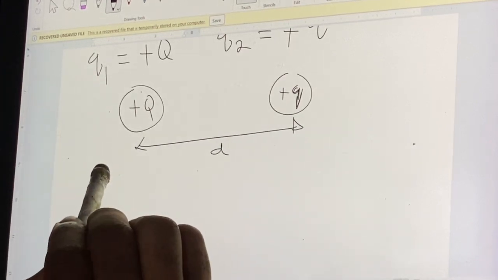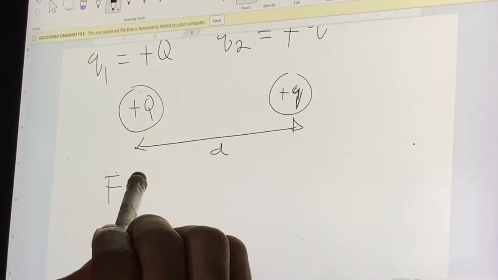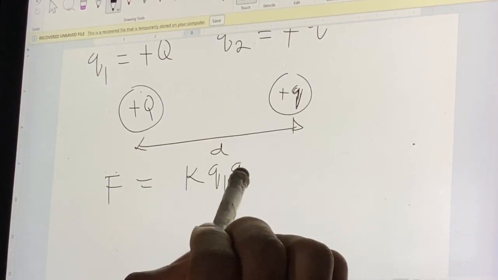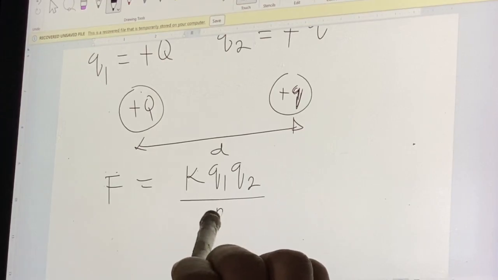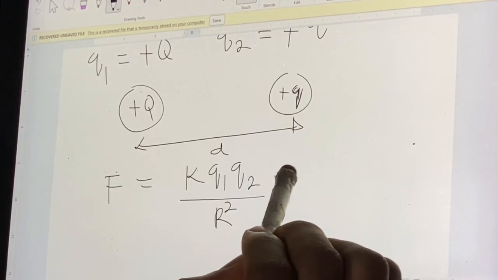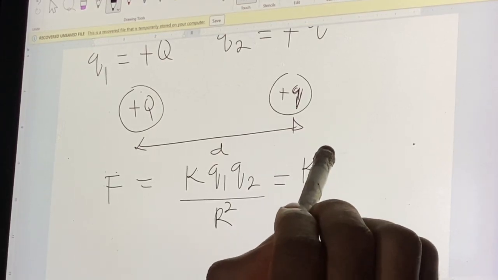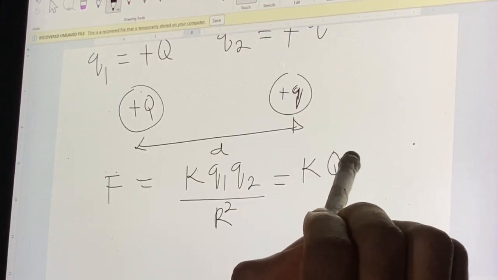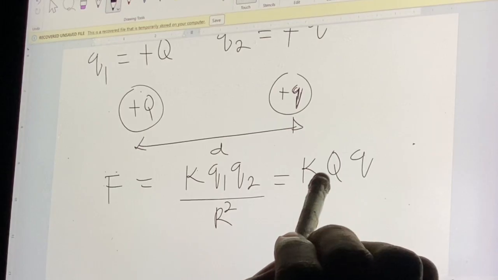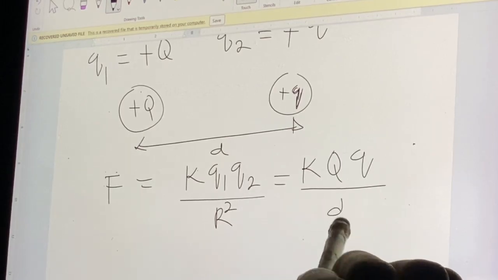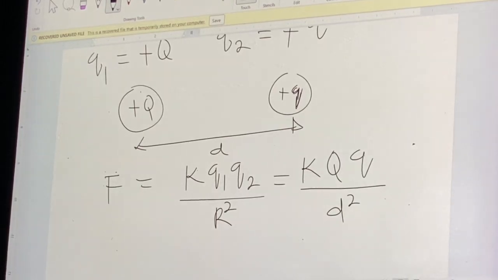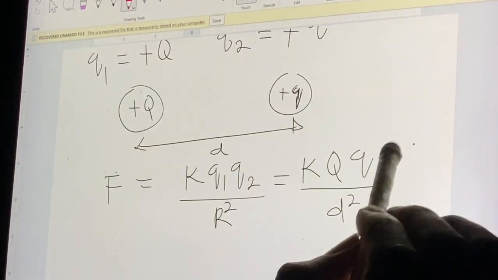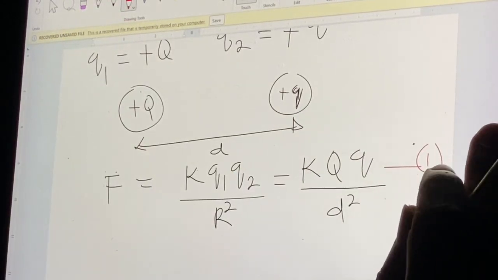F is equal to K Q1 Q2 over R square. Let's replace what is given: K, Q1 is capital Q, and Q2 is small letter q, over d square. This is the first statement, giving us equation 1. Please take note of this.